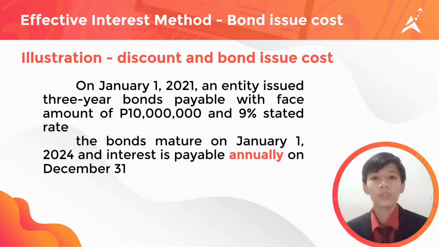On January 1, 2021, an entity issued 3-year bonds payable with face amount of 10 million pesos and 9% stated rate. The bonds mature on January 1, 2024 and interest is payable annually on December 31.